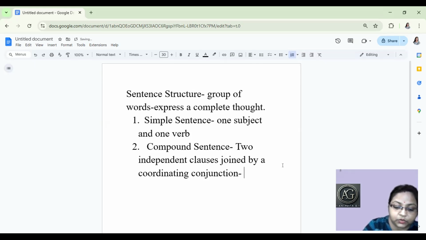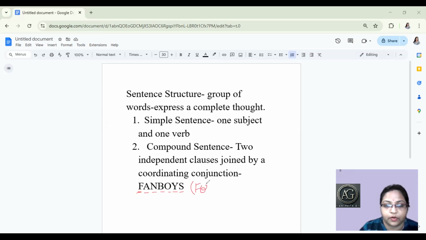Conjunctions are those FANBOYS. I'm just writing the acronym, like F stands for, A stands for and, nor, but, or, yet, so.